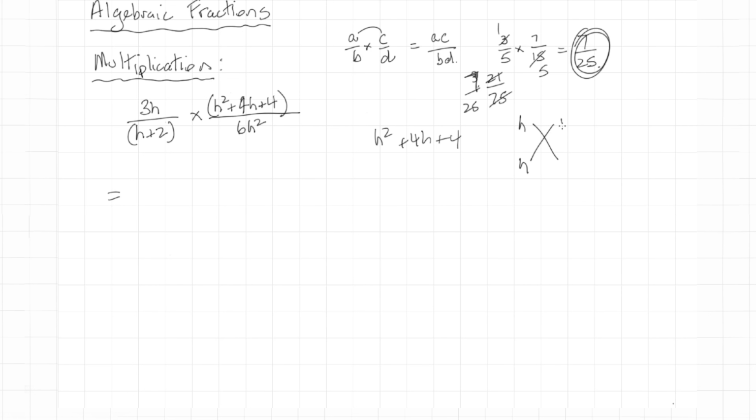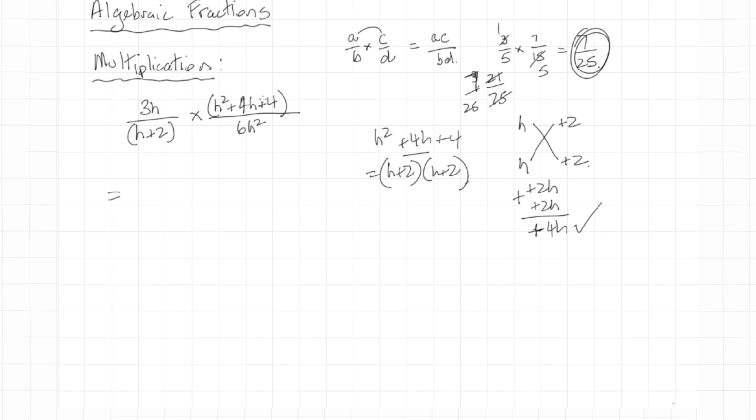Now that looks promising, so I'll put plus 2 and plus 2. When we multiply along the arm, we get plus 2h. Multiply along that arm, we get plus 2h. Add the two together and we get plus 4h, which indeed is our middle term, so that is correct. So the factors of h squared plus 4h plus 4 are h plus 2, h plus 2.